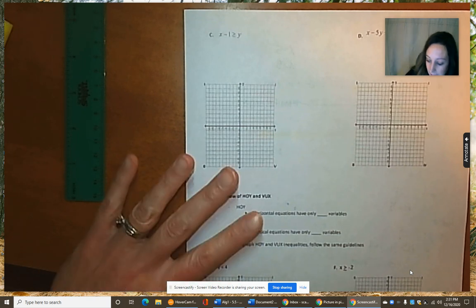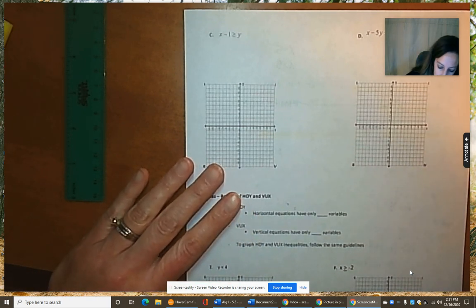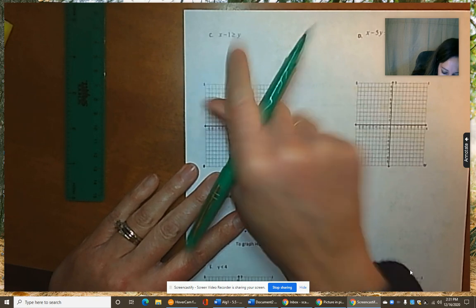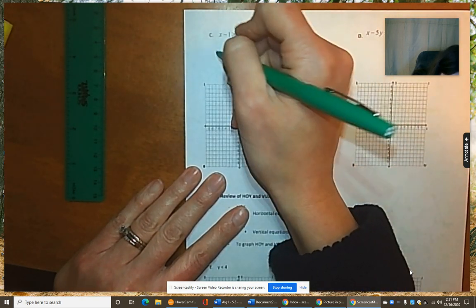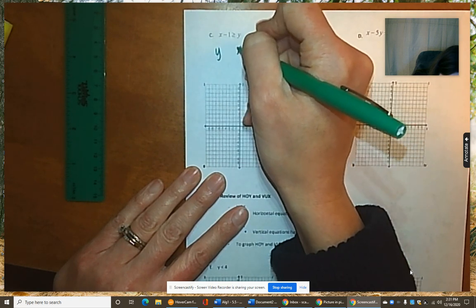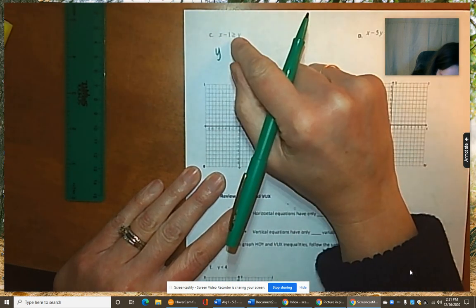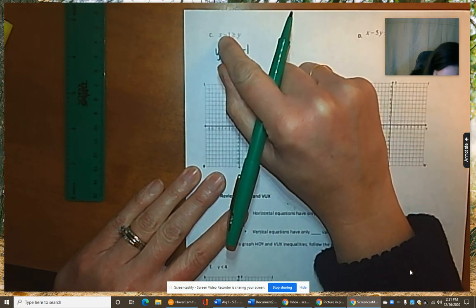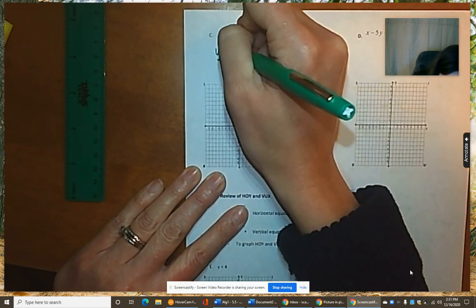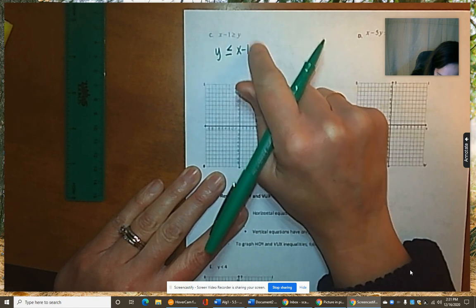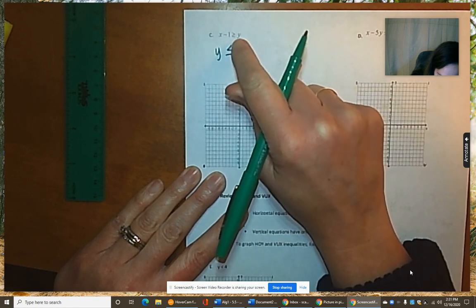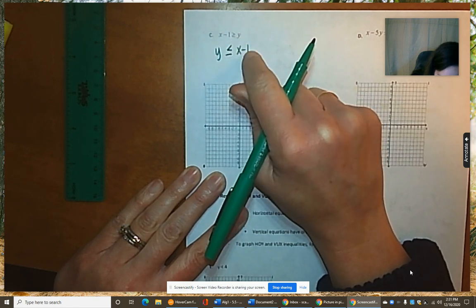Okay. And this one, this is actually in slope-intercept form because the y is solved for. Right? Another way to think about that, if you really do like the y on the left-hand side, I have a y and I have an x minus 1. My alligator mouth is opening toward the x minus 1. So if I switch these around, I've still got to switch. When I switch around and put the x minus 1 on the right, I've got to still make my alligator mouth eating that one.